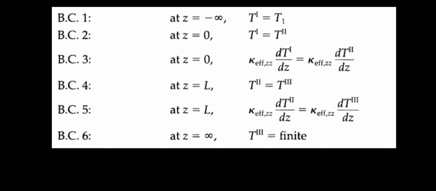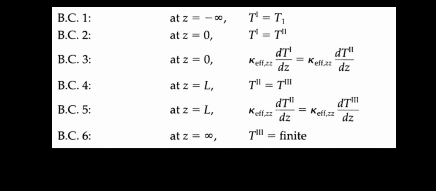Now boundary conditions 2 and 3. At the interface between zone 1 and zone 2 where z equals 0, here we have two crucial conditions that ensure physical continuity at the boundary between the inert and the catalytic sections. First, continuity of temperature. The temperature just before the interface in zone 1 must be equal to the temperature just after the interface in zone 2.